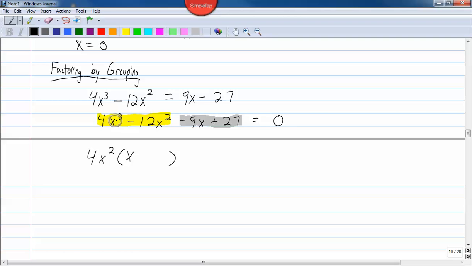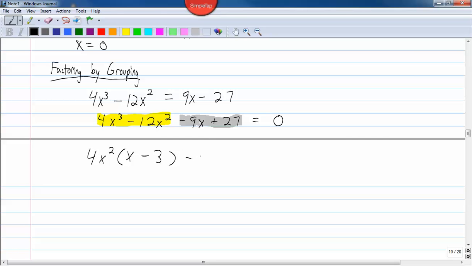X to the first minus what? 3. Alright, so I factored the greatest common factor out of these 2 terms, and I got 4x squared times x minus 3.